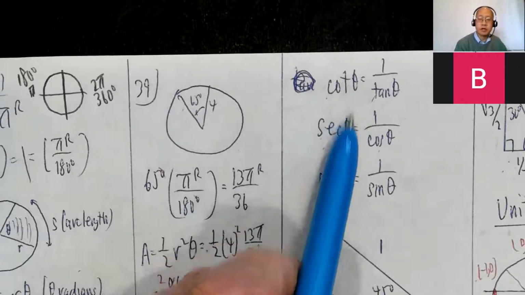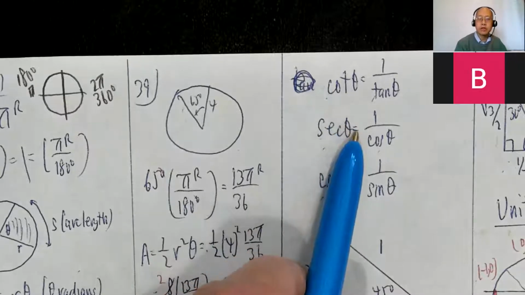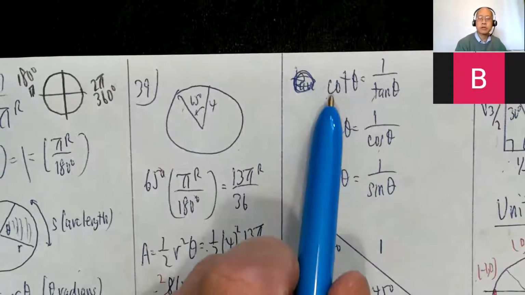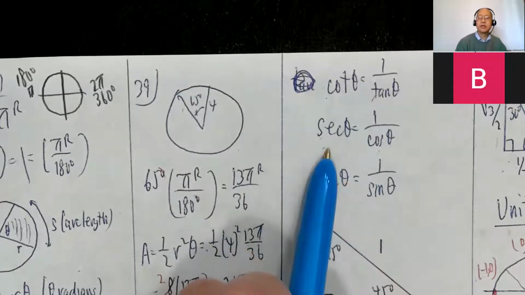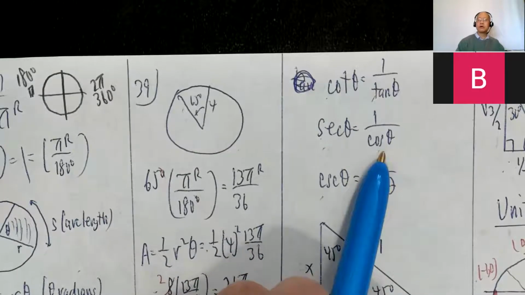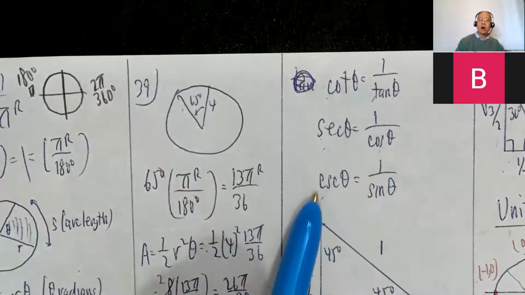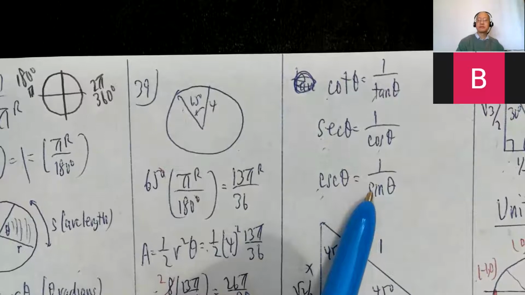One thing worthy of note, if one trig function has a co, the reciprocal does not have a co. So notice cotangent, tangent. Secant, there's no co, so cosine. Cosecant, there's a co, so its reciprocal is sine.